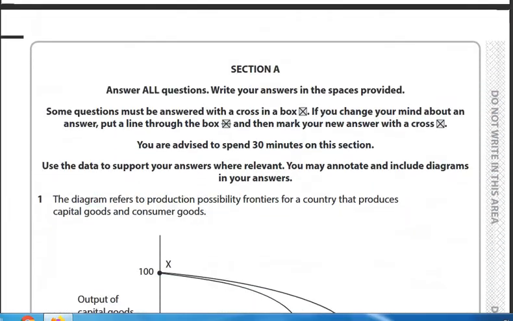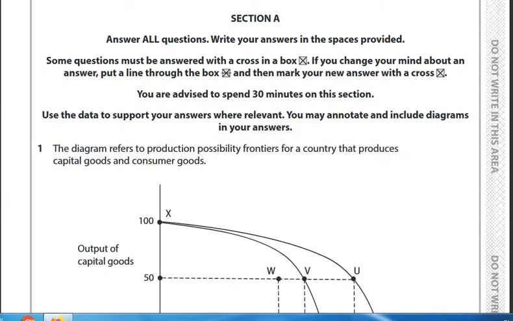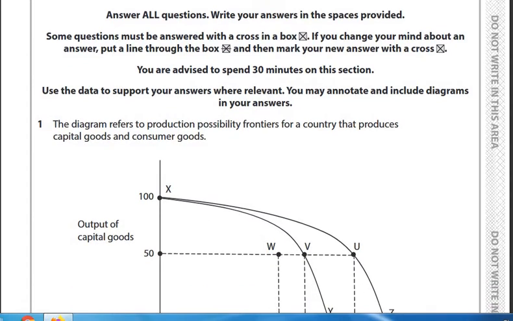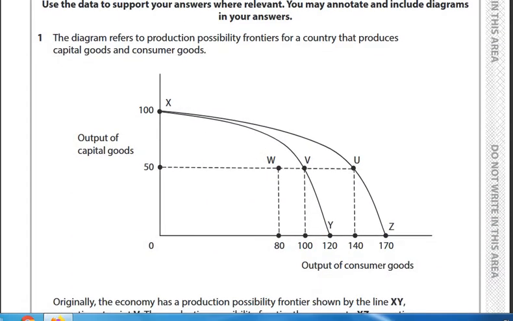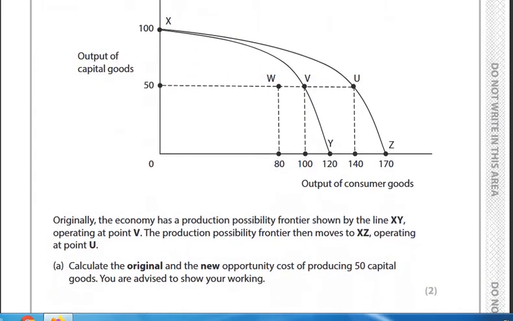There are 3 sections. Section A is multiple choice, a few short answer questions, and then quite a few questions that are about maths. So this first question is all about production possibility frontier analysis. The question asks you to study the graph and just use the numbers and do a few easy calculations, no problem.